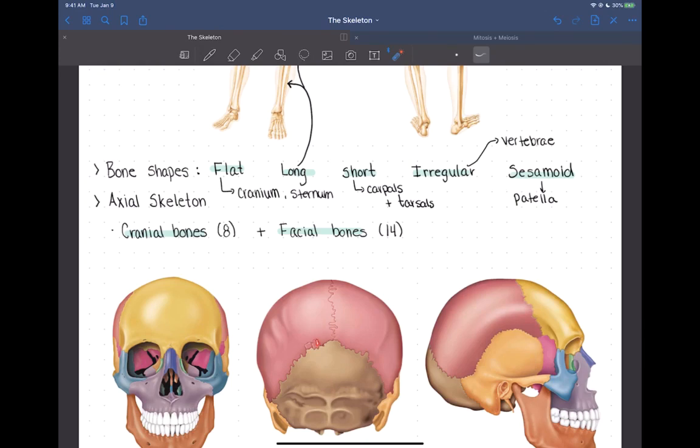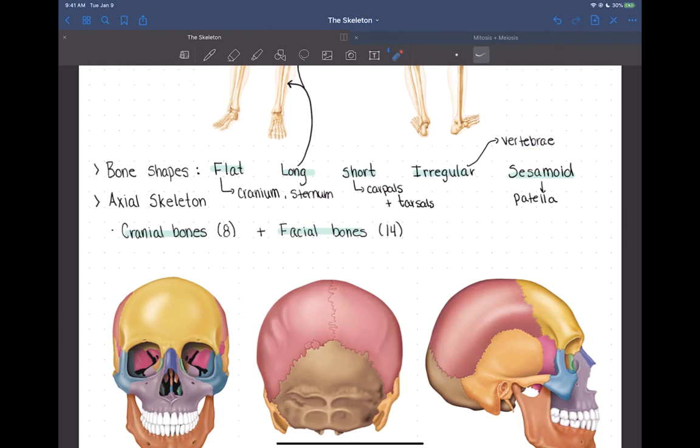All right, so we have a little wormian bone here and here on this picture. Okay, and so they just form in the sutures as they're ossifying. All right. So those are different types of bones, kind of categorizing them based on their shape primarily, and then with these sesamoid and wormian, kind of where they're forming.